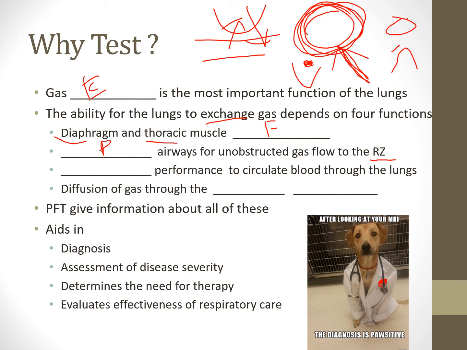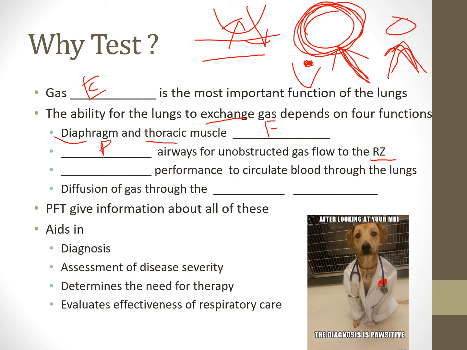And when the airways get small like this over here, that's when we start to see what we call an obstructed gas flow, right? Because there's something that's blocking the ability for gas to flow through there. It's like a kink in a hose. It's obstructing the ability for water to flow through that hose, right? So when we do the pulmonary function test, one of the big things we'll look at is the patient's flow rate, right?